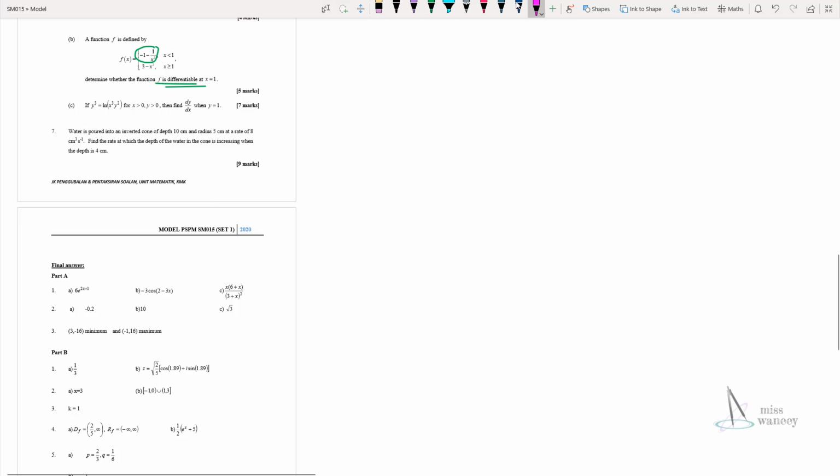Okay, so 6C. So I have y cube equal to ln of x cube y square, and they want us to find dy over dx when y is equal to 1. Okay, so y is equal to 1. Let me find out what is the value of x first.